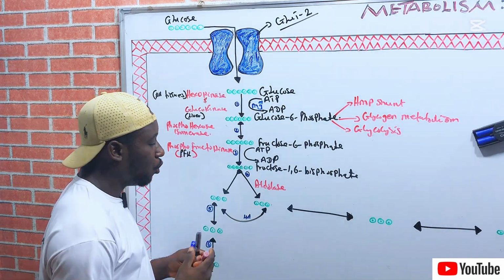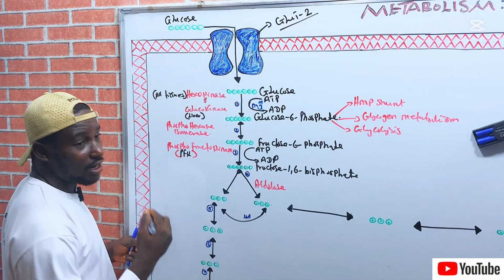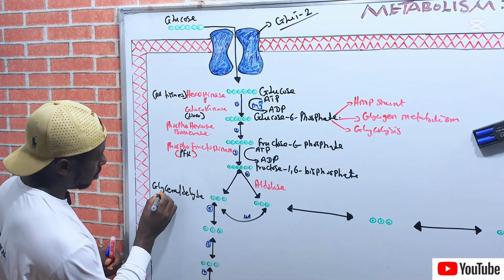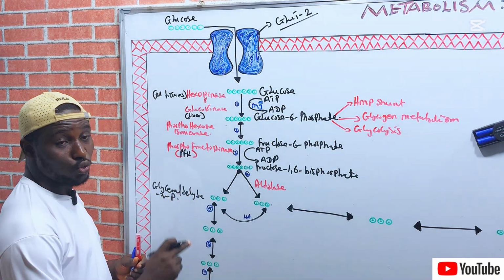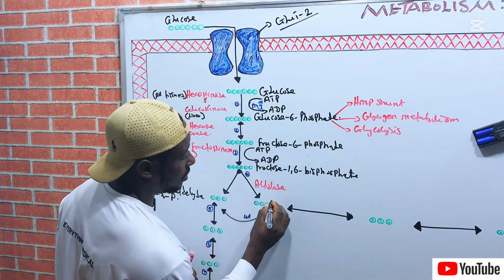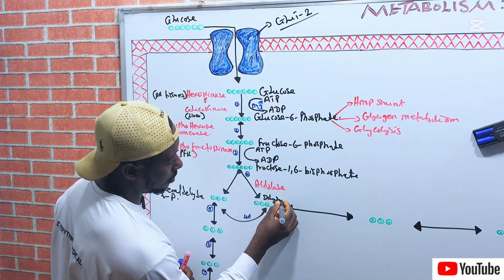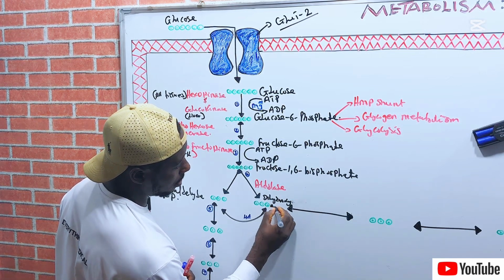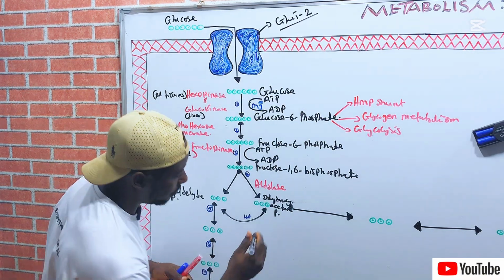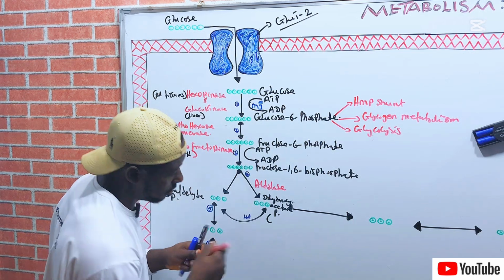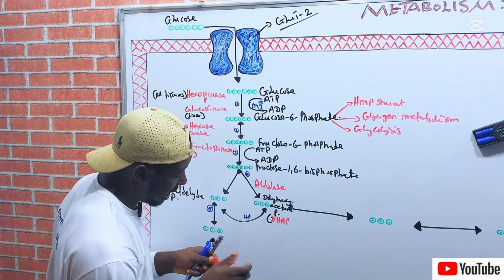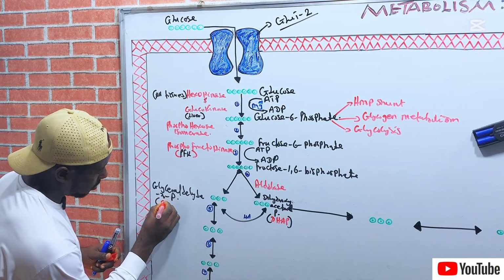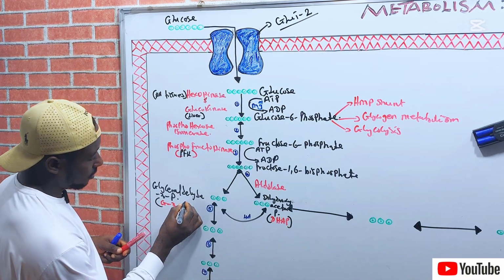So it will generate glyceraldehyde 3-phosphate, and DHAP, dihydroxyacetone phosphate. That is DHAP generated, and G3P, right?